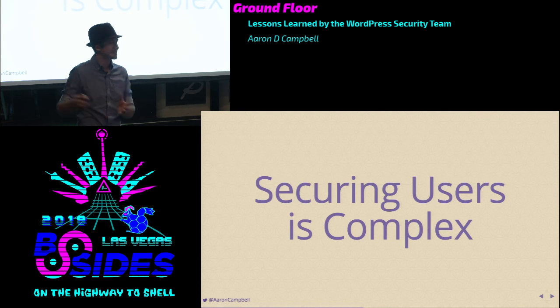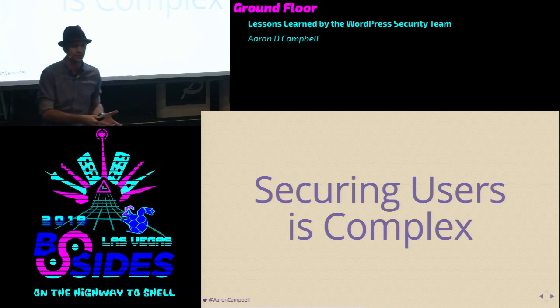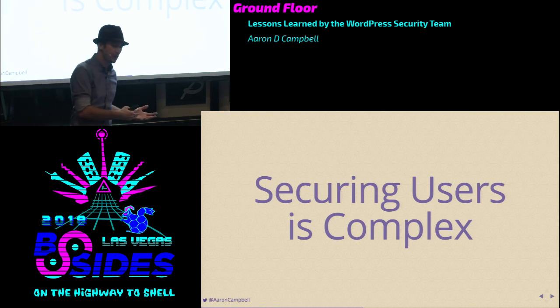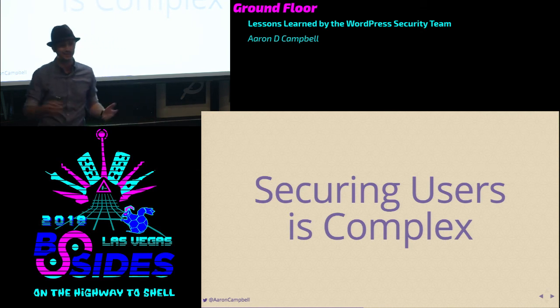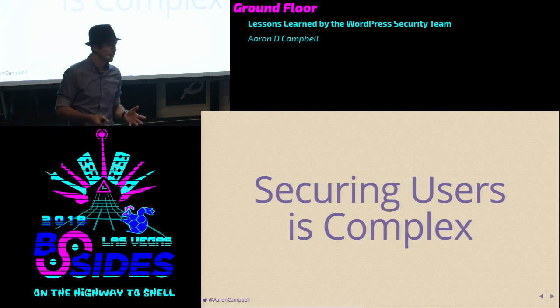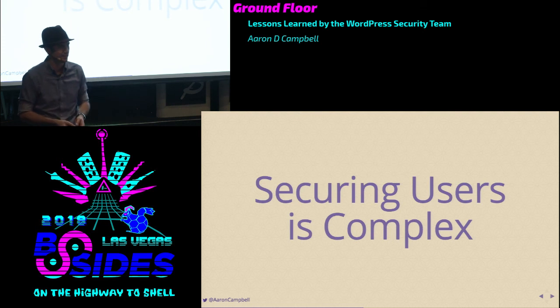That code is not under our control, but does affect the security of our users, so we have to care about it. Users host on thousands of different hosts in at least as many different configurations, and those are not under our control, but it affects the security of our users, so we have to care about it.